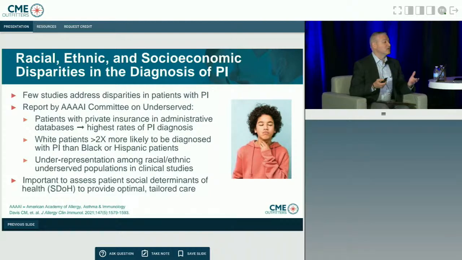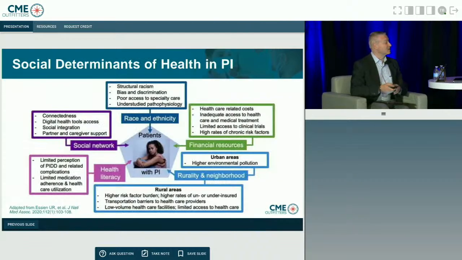And it's really important for us as pediatricians to assess the social determinants of health, which is my next slide, in order to decide upon either optimal or specific tailored care for patients. So the social determinants of health definitely affect both the diagnosis and the management of patients with PI. And I think it starts probably with race and ethnicity and our own individual conscious or unconscious bias and discrimination of patients.